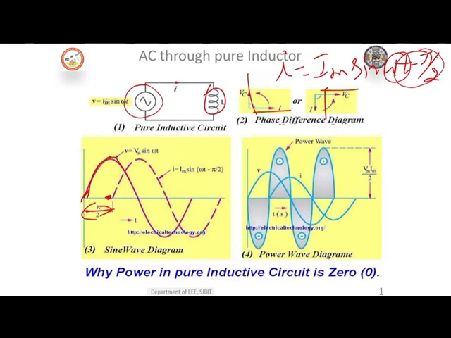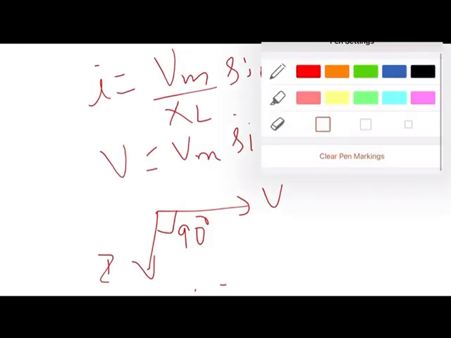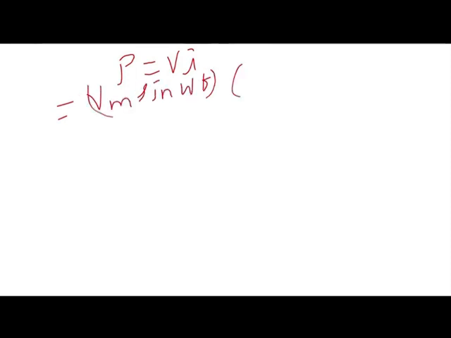Now, let us derive the equation for the power. We know that P is given by VI. V is given by Vm sin omega t and I is given by Im sin(omega t minus pi by 2).